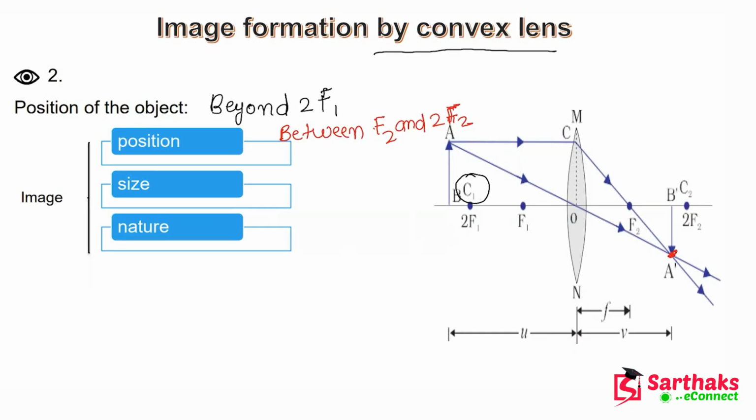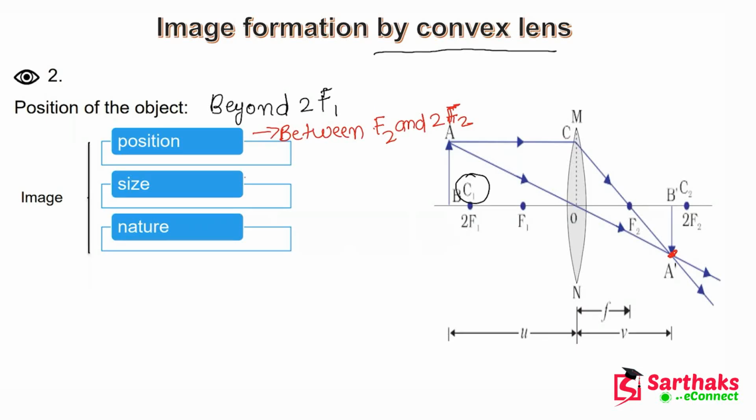Now, let's talk about the size of the image. You can say by looking at this picture that the object is larger than the image. This is your image, this is your object, and the object appears to be larger than the image.